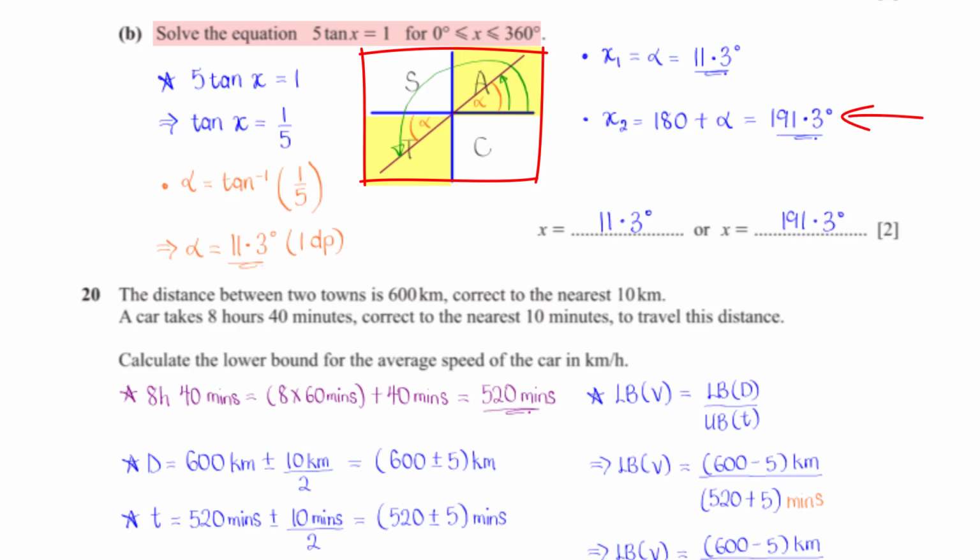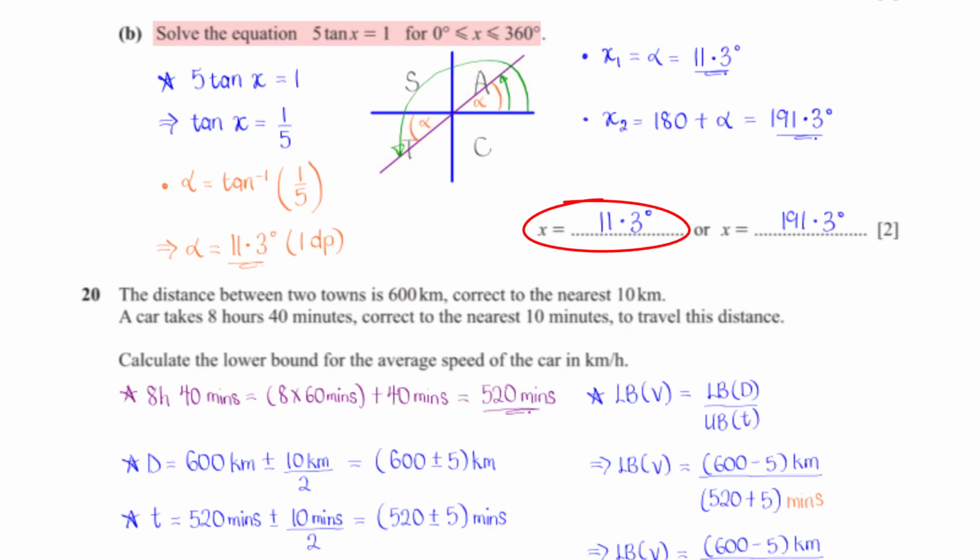The second value of x is equal to 180 degrees plus alpha, and that will be equal to 191.3 degrees. When you go around the circle the third time, the third value of x will be equal to 360 degrees plus alpha. And since that is out of the range, we do not include that in our set of solutions. And so x is equal to 11.3 degrees, or x is equal to 191.3 degrees.